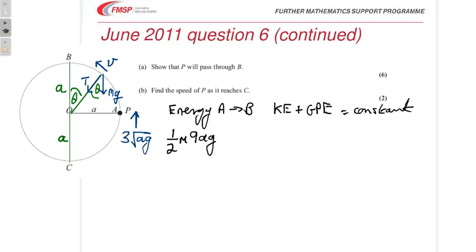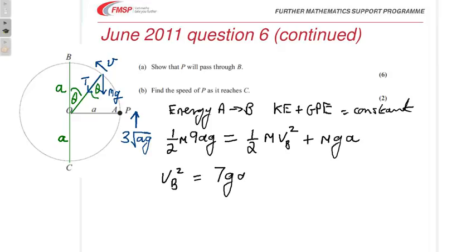If we take zero for potential energy as the level of A, that first sum is just kinetic, and it's equal to half m vB squared plus mg times the height, which is a. That works out fairly easily: the velocity at B squared is 7ga.